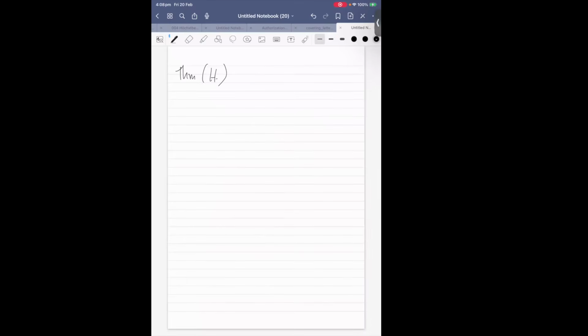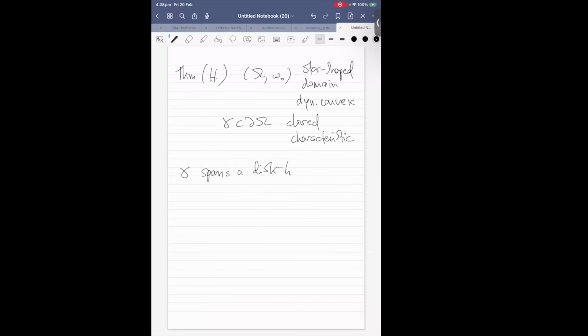So if we have a star-shaped domain and dynamically convex, and gamma is a closed characteristic in the boundary, then gamma spans a disk-like global surface of section if and only if gamma is a Hopf fiber.